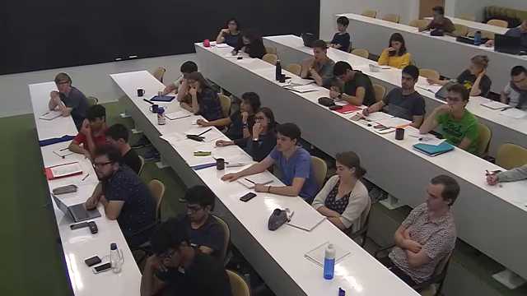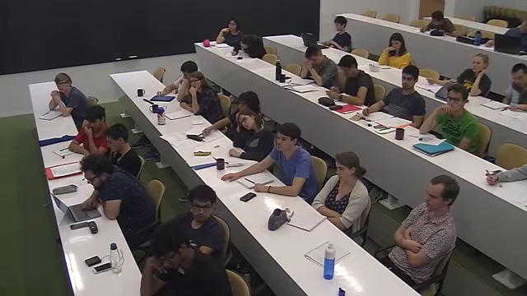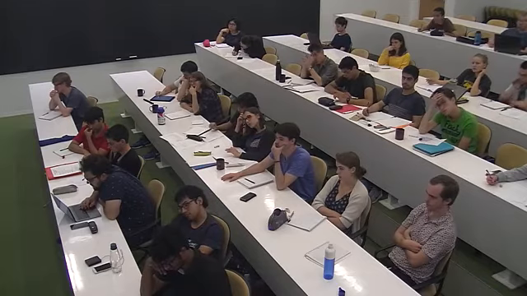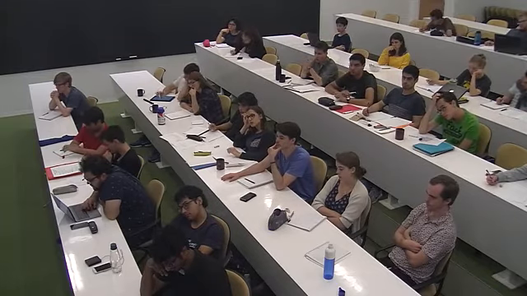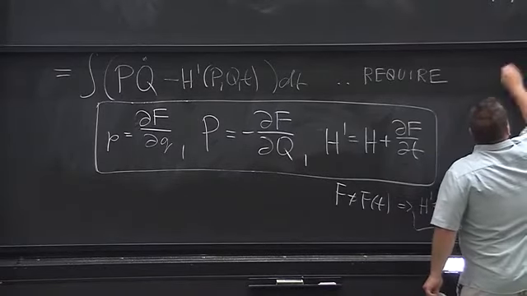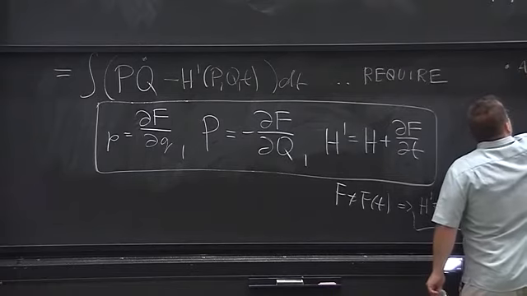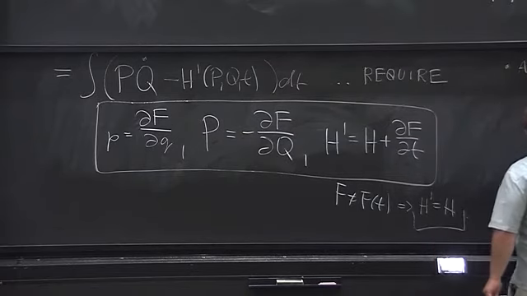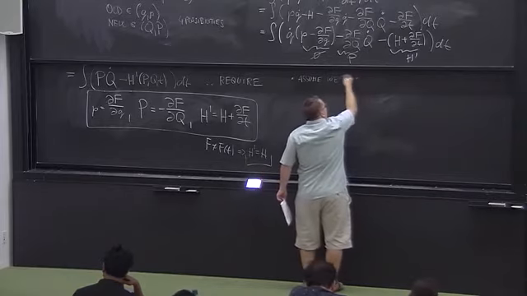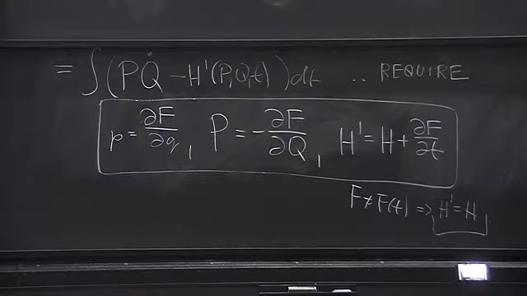All right, so this is how you generate these canonical transformations. Fixing f, I can find a generating function; to every f, I will find the corresponding canonical transformation. Now let's assume a different thing. Assume we are given a transformation.